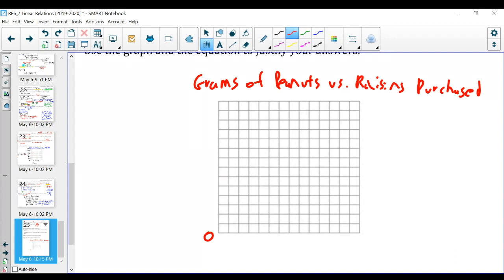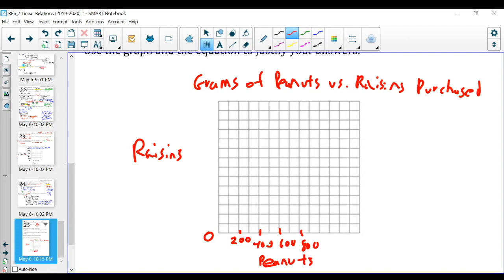And let's go, each one of these can represent, I don't know, roughly 100. So let's go 200 for 2 ticks in, 400, 600, 800, and so on. And we'll do peanuts down here. And we'll go raisins up over here.